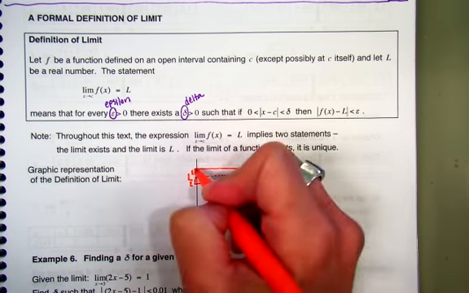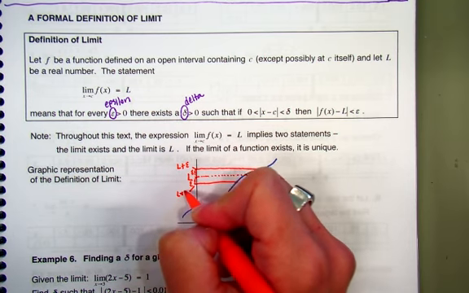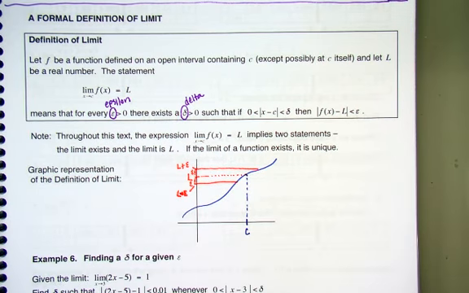So the number on the top is L plus epsilon, and the number on the bottom is L minus epsilon. Sorry, that should say minus. So it's this band around your limit. Does that make sense? Corresponding to that band, there have to be some x values down here that correspond to those y values. Those x values are called our delta band.